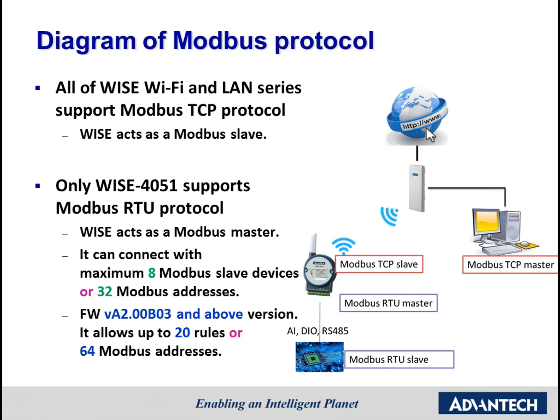It can connect with a maximum of 8 Modbus slave devices and 32 Modbus addresses. If a user is using firmware version A2 or a newer version, a user can set up a maximum of 20 rows or 64 Modbus addresses.